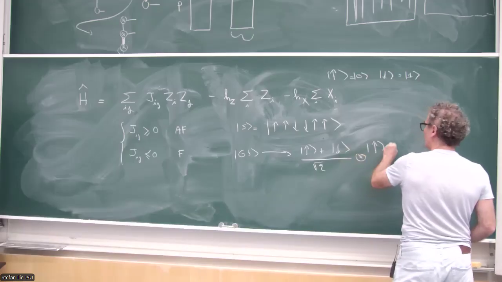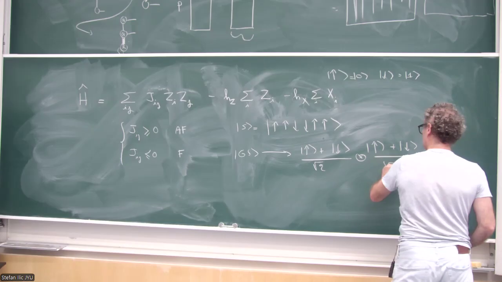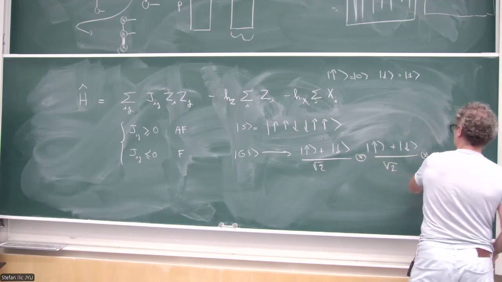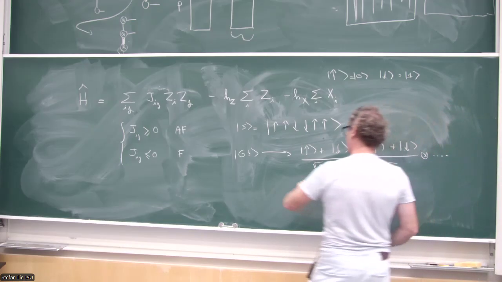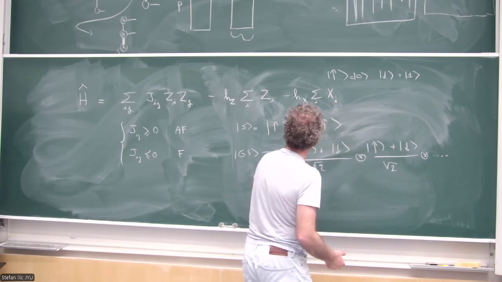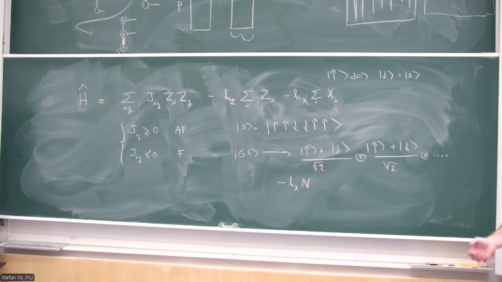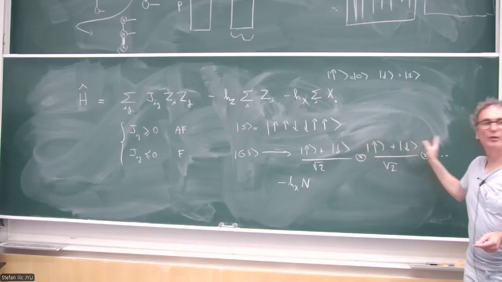So you go to the eigenstate of the X operator. And the energy is minus Hx times the number of qubits, or spins. That's it. So you know the ground state at large Hx, and you could prepare this state. It's a trivial state. It has no entanglement. It's a tensor product.